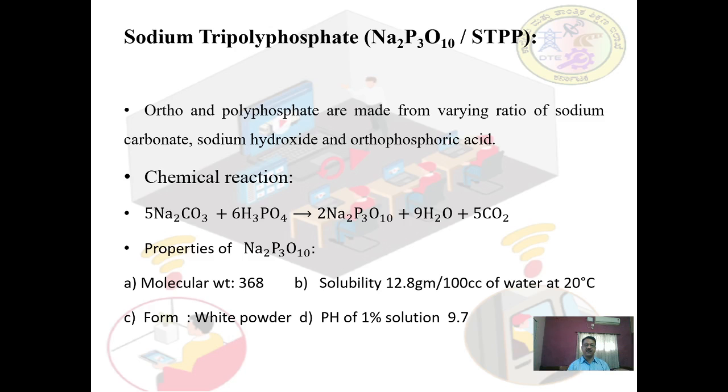We see the production of sodium tripolyphosphate, right? Ortho and polyphosphates are made from varying ratios of sodium carbonate, sodium hydroxide, and orthophosphoric acid.